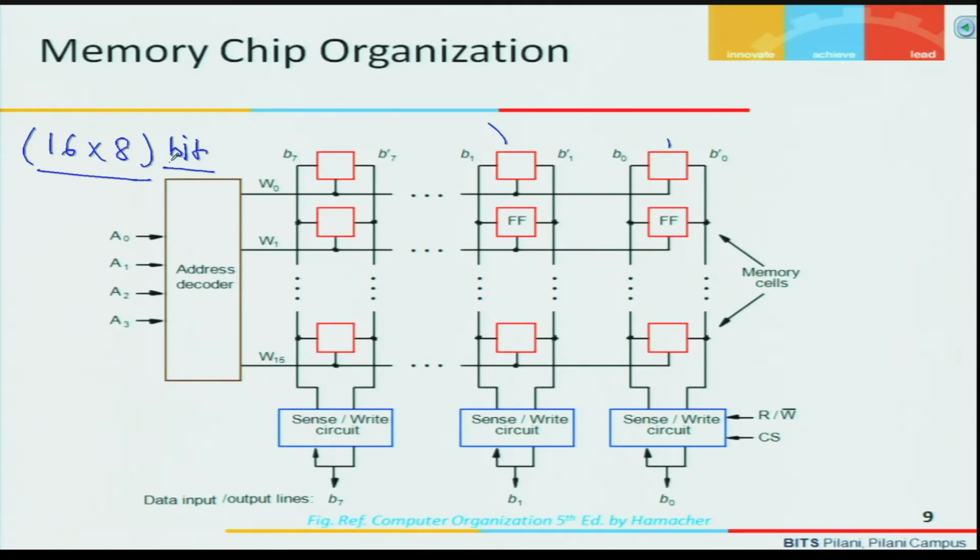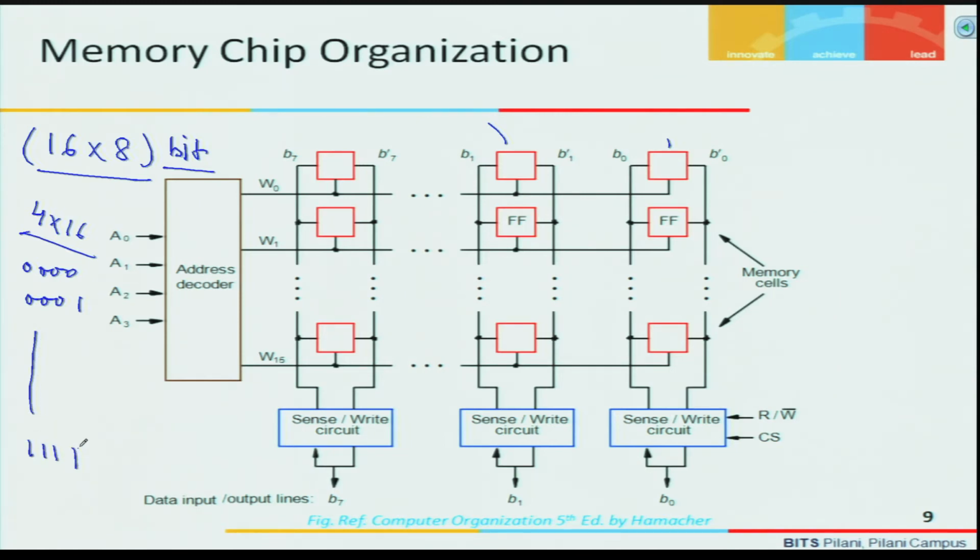To address this memory I need an electronic device called a decoder. I need a 4 cross 16 decoder: 4 inputs and 16 outputs, for different combinations of 4 bits. First combination 0 0 0 0, second combination 0 0 0 1, up to all ones.